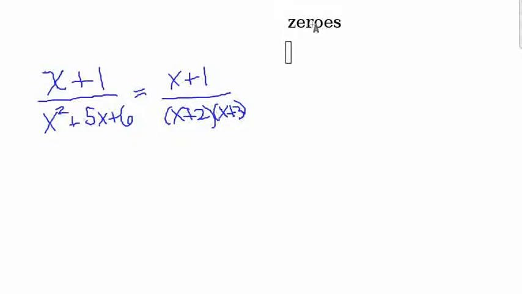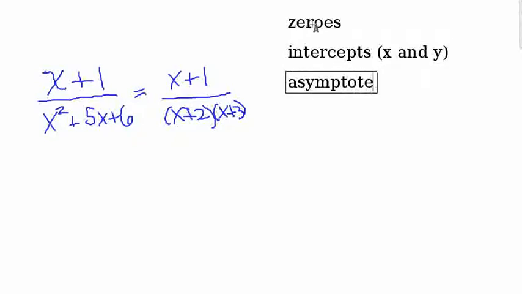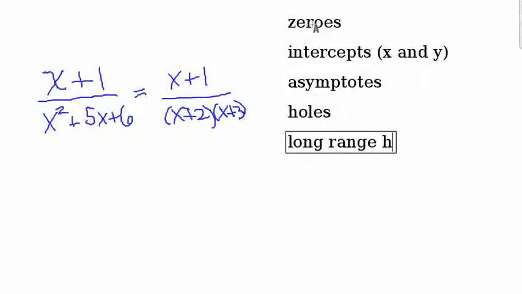Zeros, intercepts, x and y, asymptotes, I'll talk about what those are in a second, holes, and long-range behavior. So often you will have technology, software that can instantly make a graph for you of a rational function.